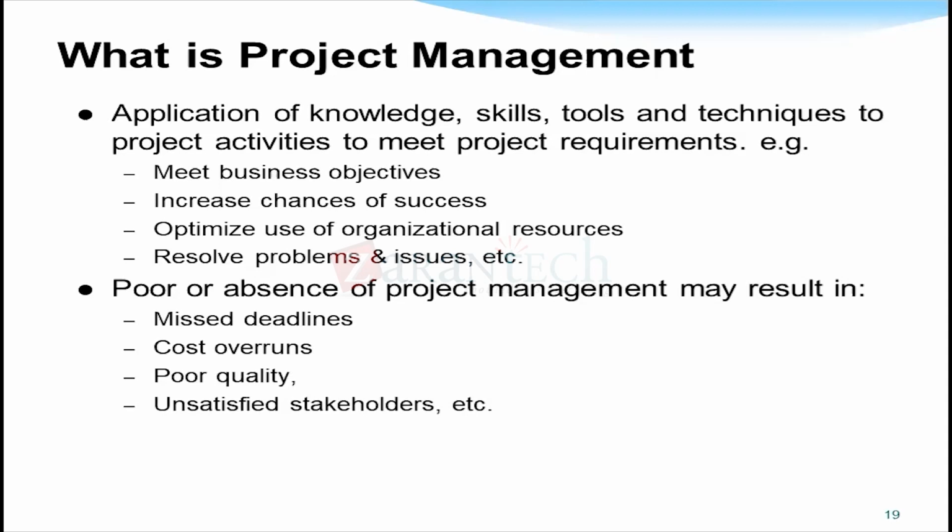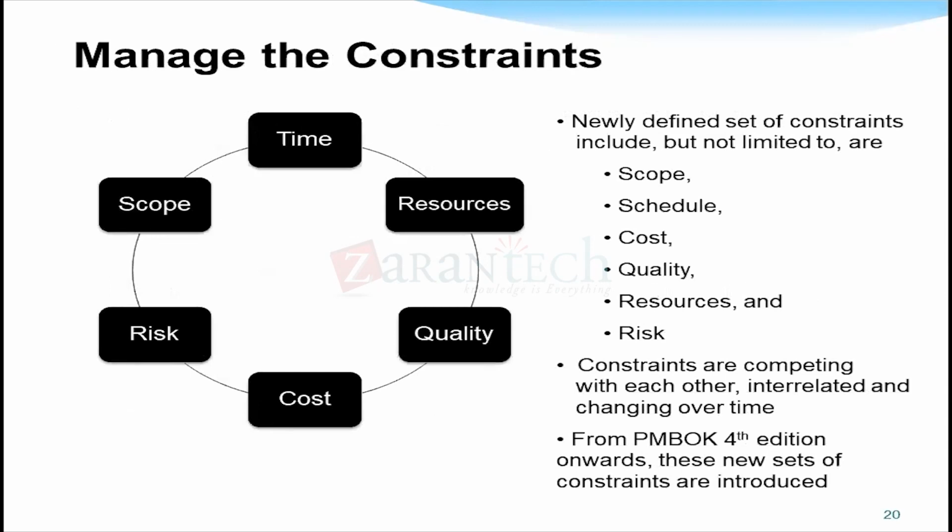What are the different parameters or attributes you measure for project management? All this: time, cost, scope, quality, resources, risks. Therefore, time is within what time you are able to complete the project.